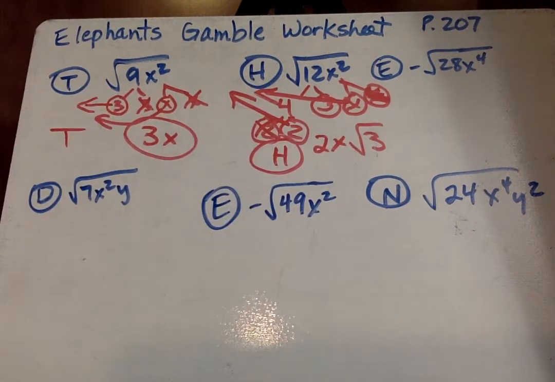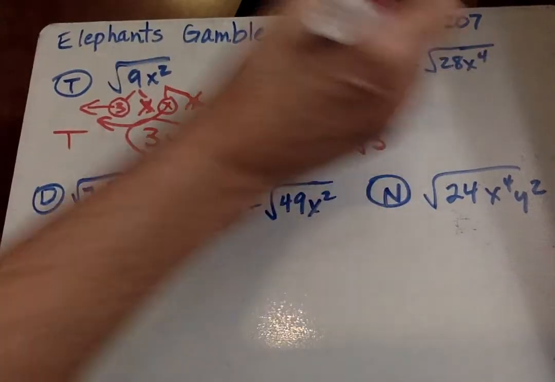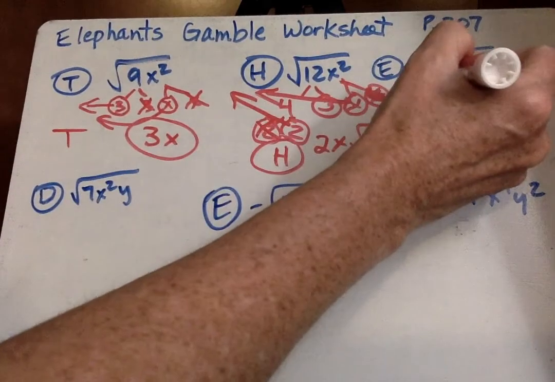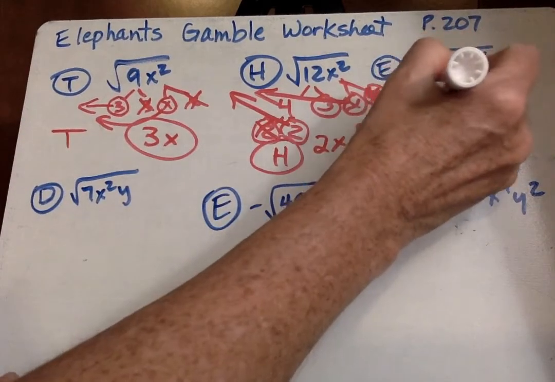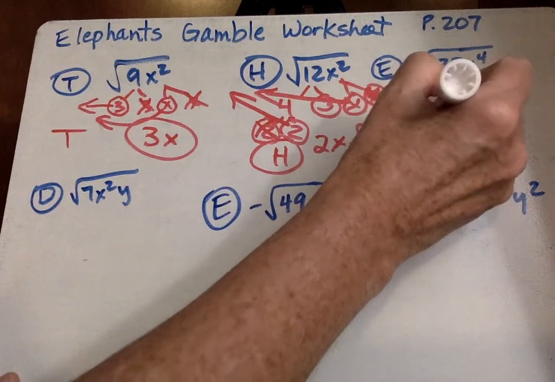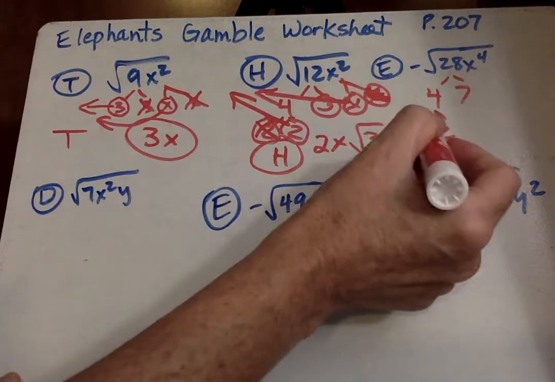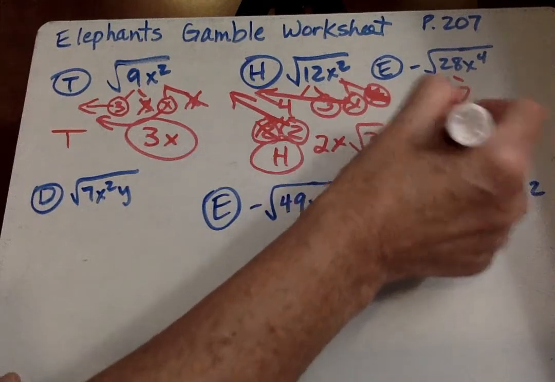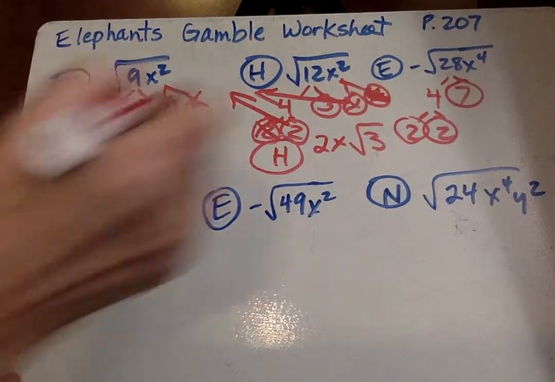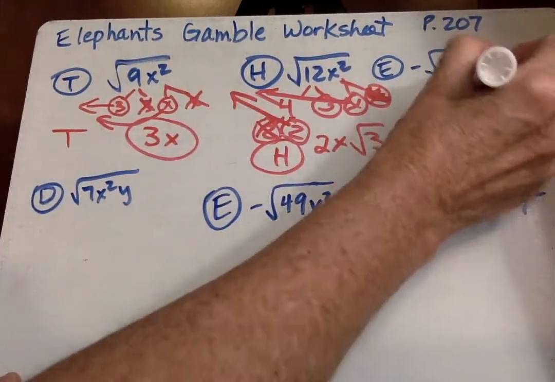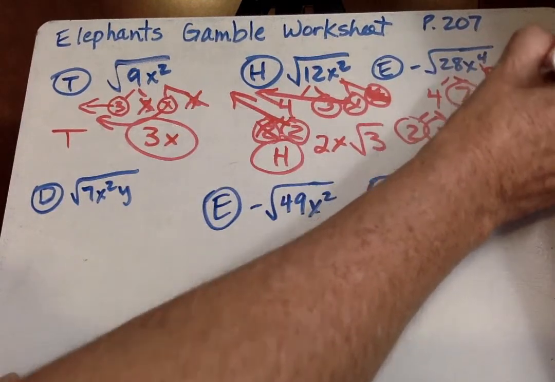Next, notice there's a negative on the outside. That's okay, we just know that we'll keep that negative on the outside. We're going to go ahead and do our factor tree, 4 times 7 and 2 times 2. So our prime factorization there is 2 times 2 times 7. Then we can also see that we have 4 x's.